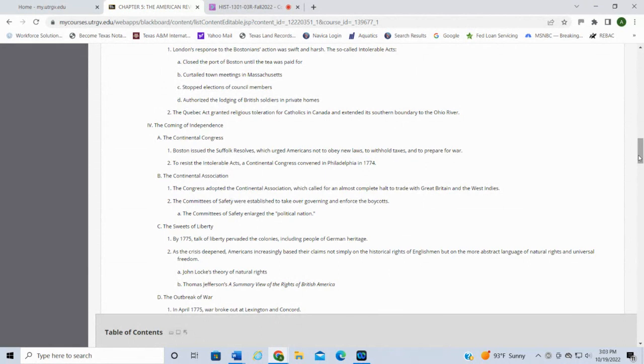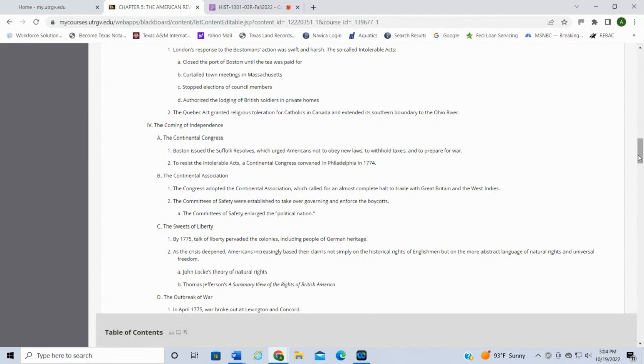There was also talk that tolerating Catholics, because remember that Canada was formerly a French colony, so of course there were a bunch of Catholics there, was also a threat to the Protestant Americans, right? They were also concerned that Great Britain would try to foster more Anglican churches in America, which was also something they were concerned about going back to the time of the Puritans.